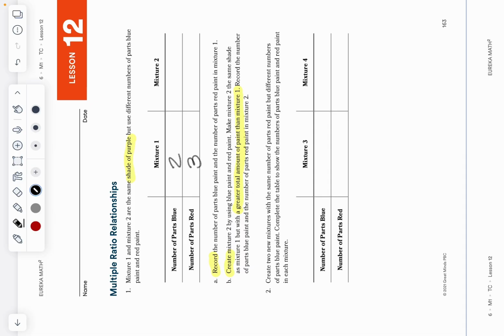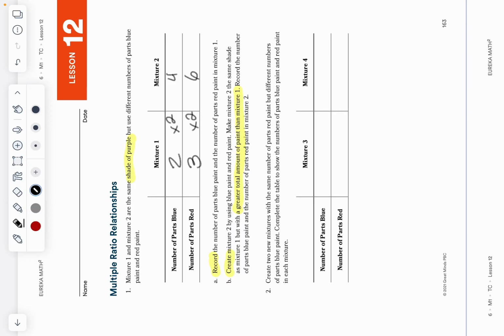So let's say instead of 1 batch of paint, I wanted to make 2 batches of paint. So I would need to multiply both of those numbers in the ratio by 2. So times 2 and I get 4, times 2 and I get 6. All right, so mixture 1 and mixture 2 are going to be the same color paint, purple, and mixture 2 is just going to have more paint in the cup. So we're painting a bigger surface is what we're doing.